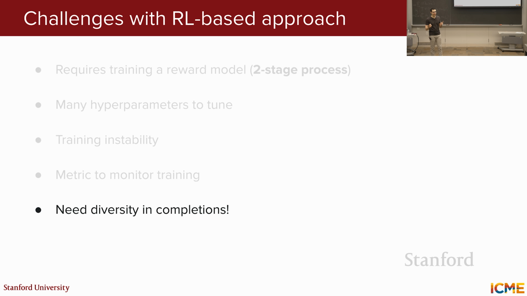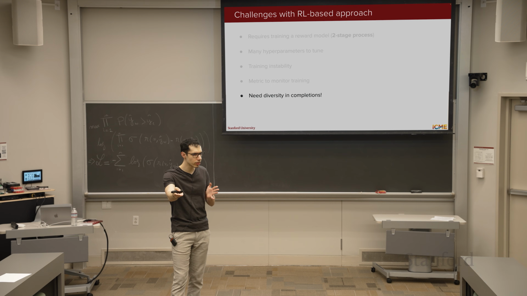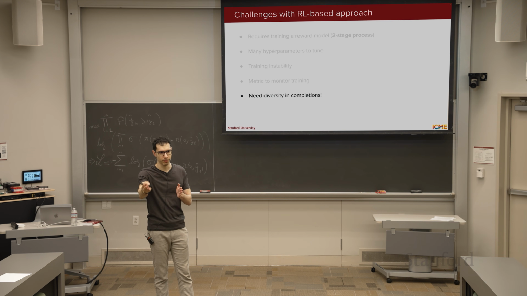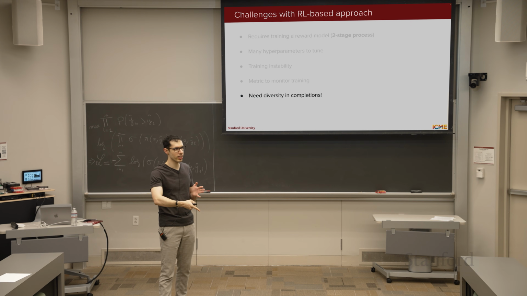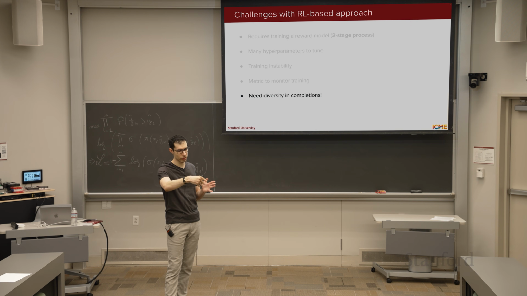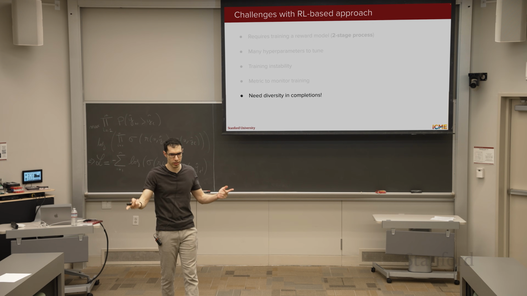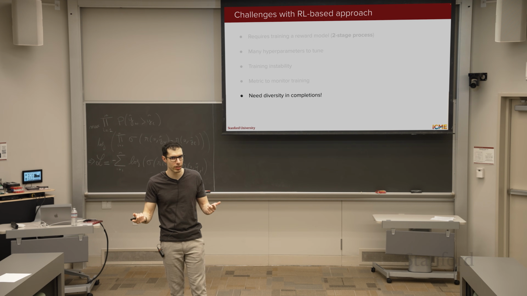And then the other thing is, in the RL world, in order for you to know which completion you should not do and which completion you should do more, you need to have some diversity whenever you generate. So if during the RL training loop, every time you have a prompt, you generate something, and then you retry, and you generate something else that's too close, well, it's not great because you're not exploring the set of possible completions.